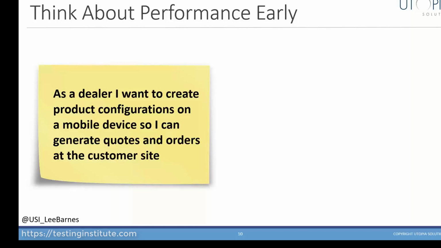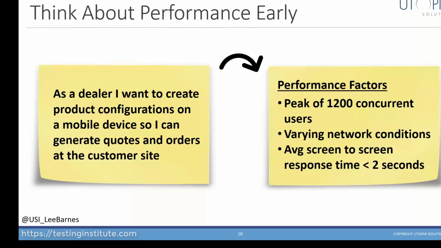So as you're creating your stories, just think at a high level about performance factors that are important to that story. For example, let's think about the story that I'm displaying here that describes the ability of a dealer of farm equipment to create quotes in the field. As I think about that, maybe I know, or someone in the organization knows, that we're going to have a peak of around 1,200 concurrent users creating quotes.